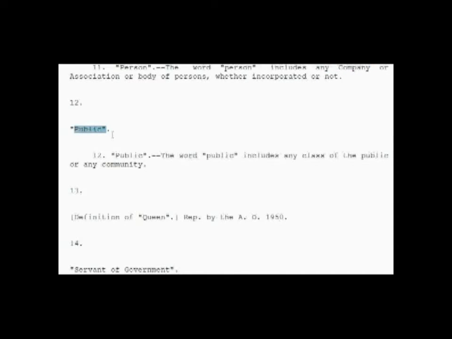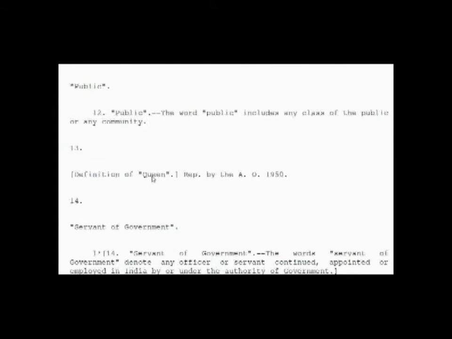Section 12 talks about public. It tells us that any class or community is included in public. Section 13 talks about queen, but it is omitted.